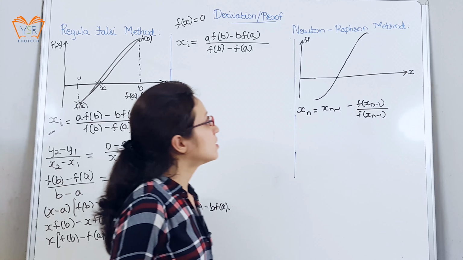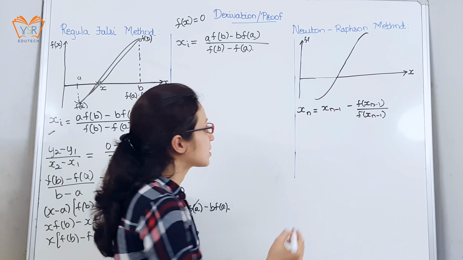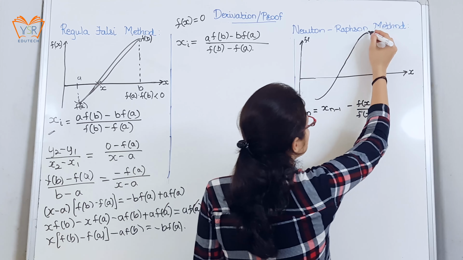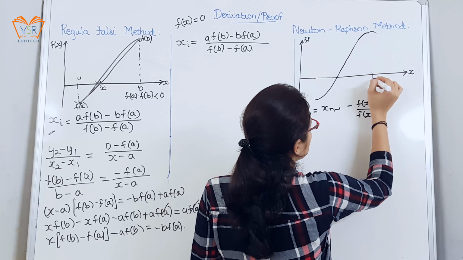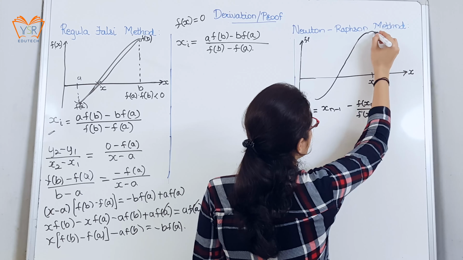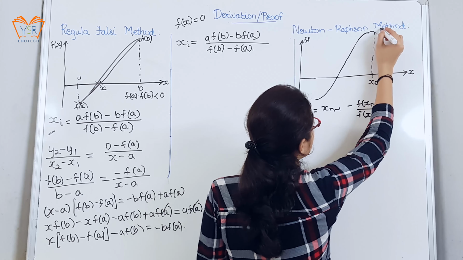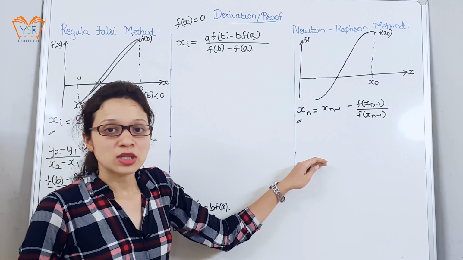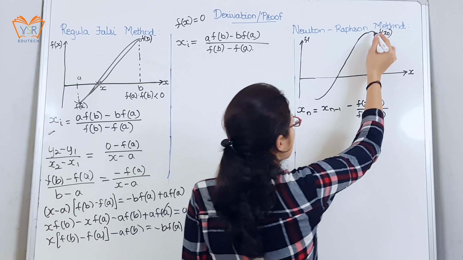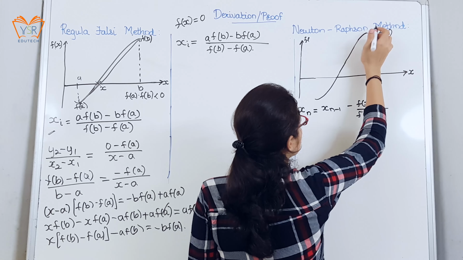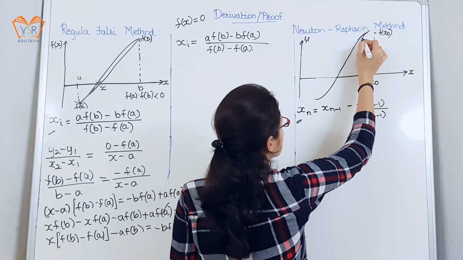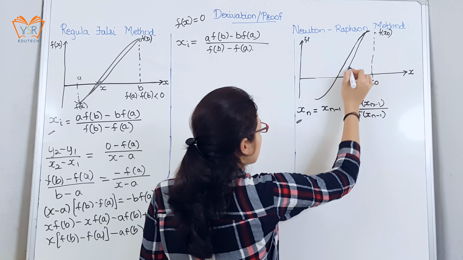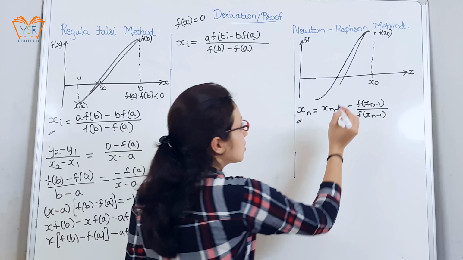Now moving forward, the Newton-Raphson method. This is the generalized formula. Now let us consider the initial point x naught. So this will be f(x naught). To find the next approximate root, simply draw a tangent that touches this curve and cuts the x-axis.